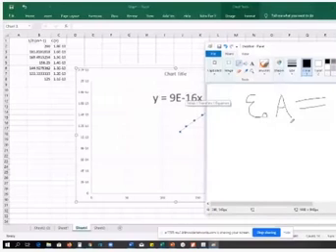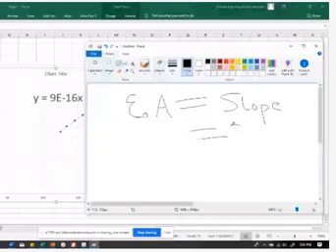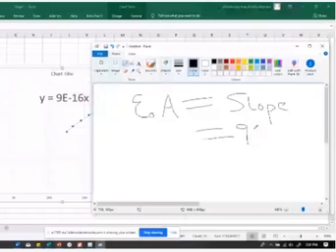And so I can write my slope is 9 times 10 raised to power minus 16.